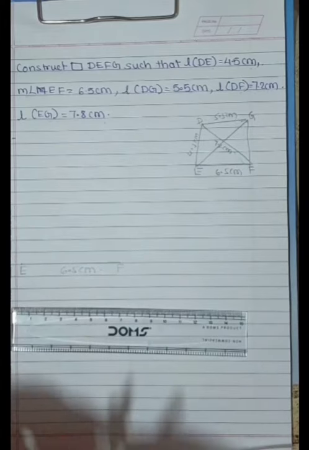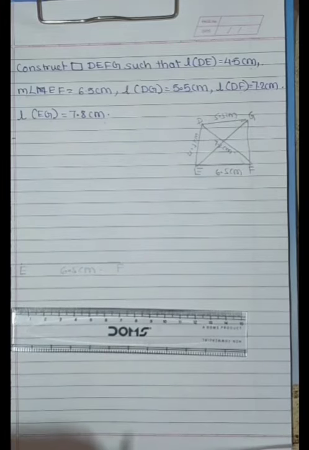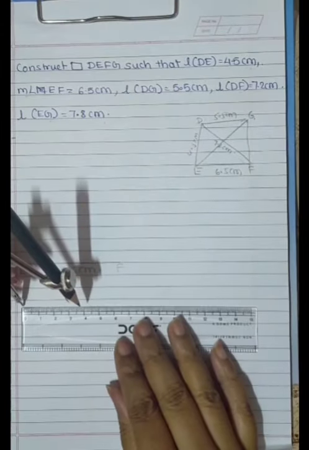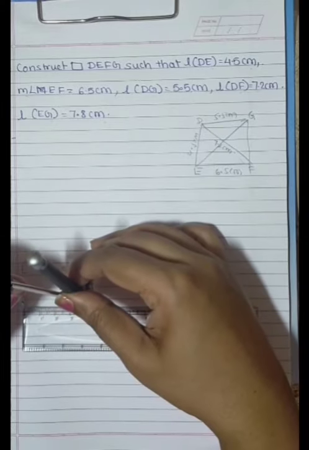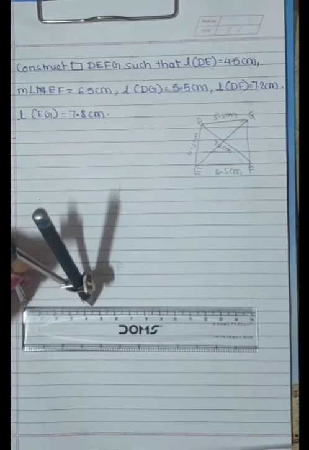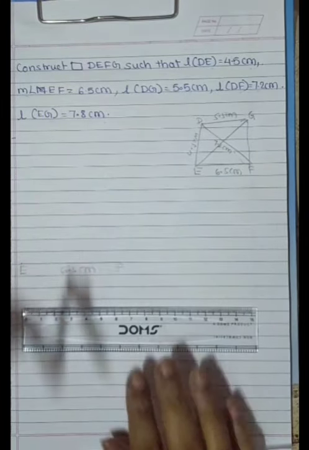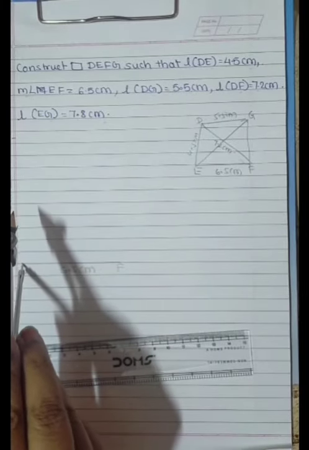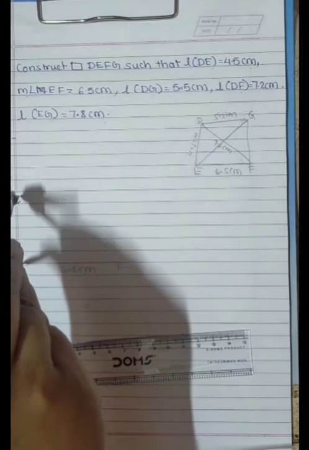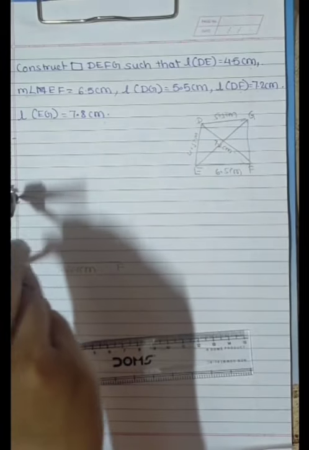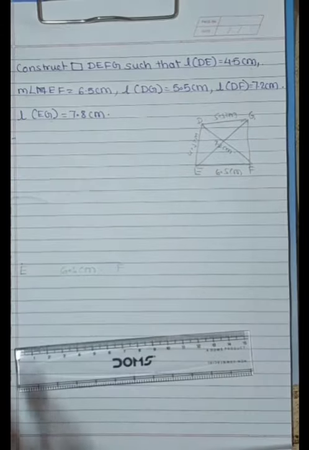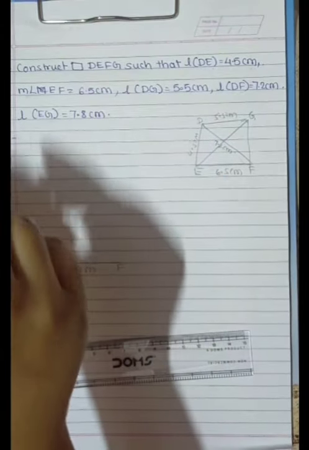So I will take 4.5 centimeter with the compass. We'll keep this point on E and we'll draw one arc. Okay, this is our arc.